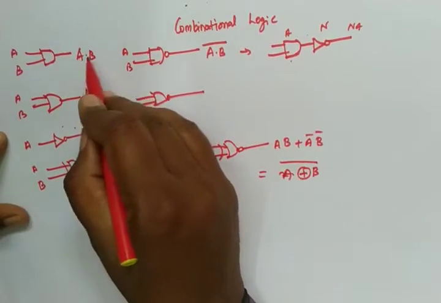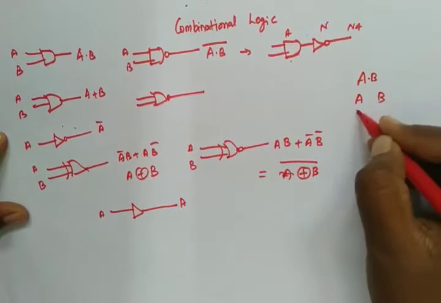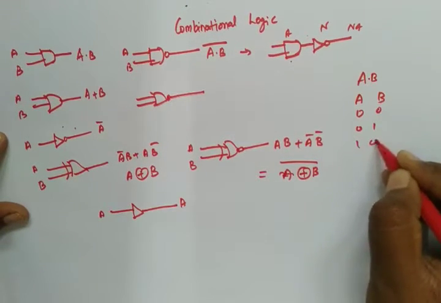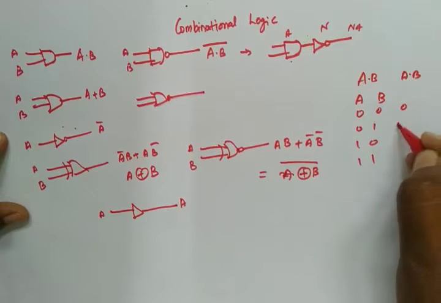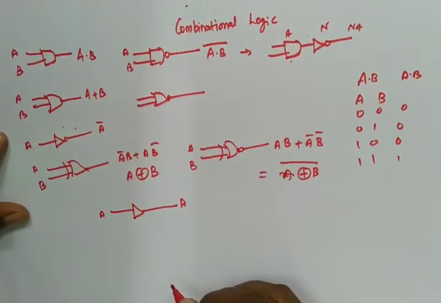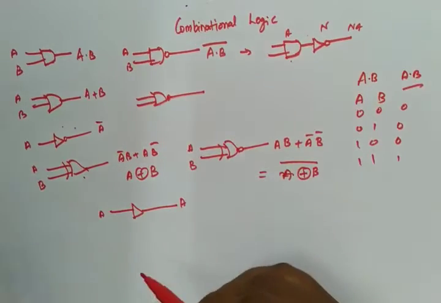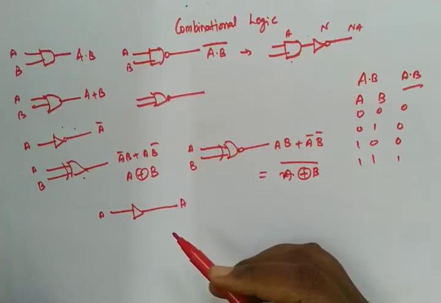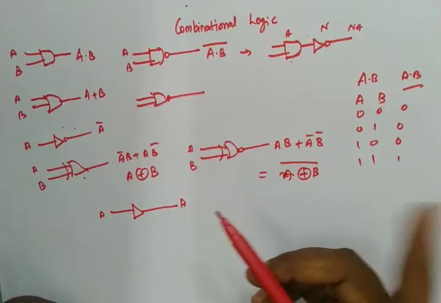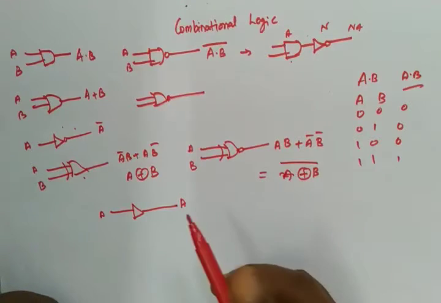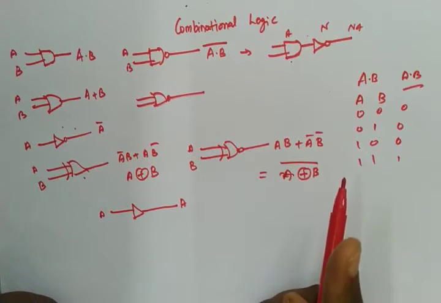Now if it is A into B, what will be the output if we give A, B as 0 0, 0 1, 1 0, 1 1? That will produce 0 0 0 1. This we know very well. And previously I said about the XOR gate in gray code conversion. If you give 0 0, that will produce 0. 0 XOR 1 is 1, 1 XOR 0 is 1 and 1 XOR 1 is 0.